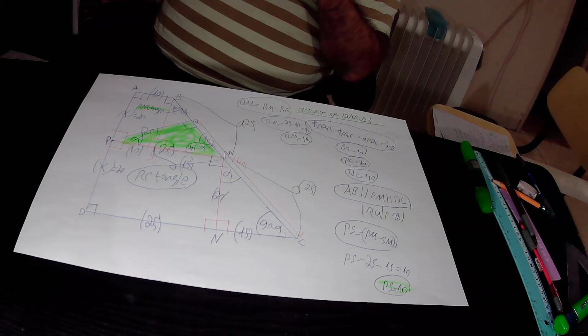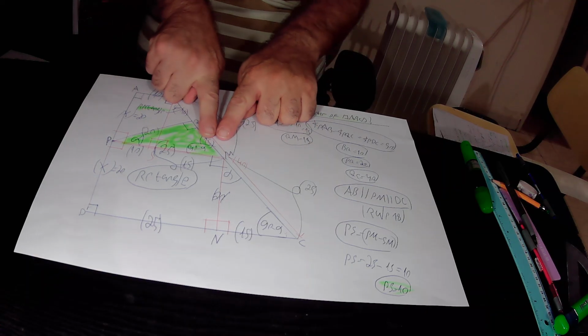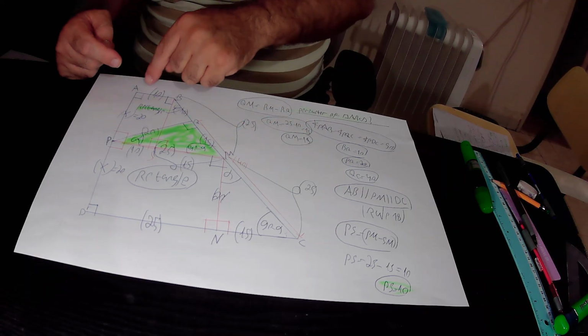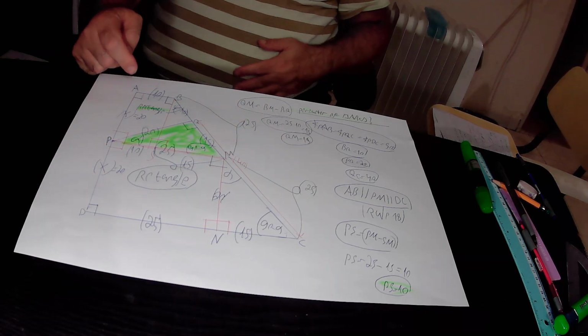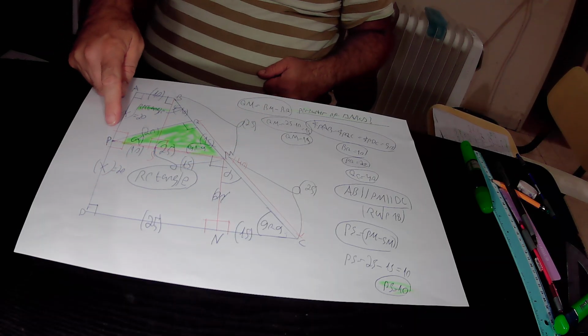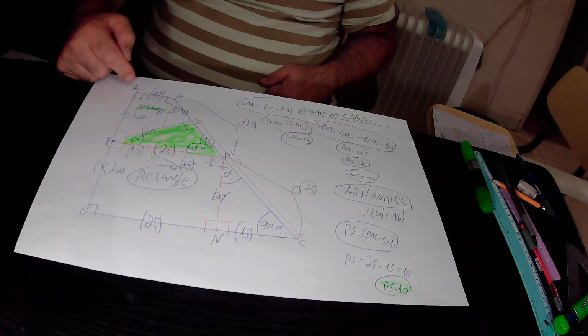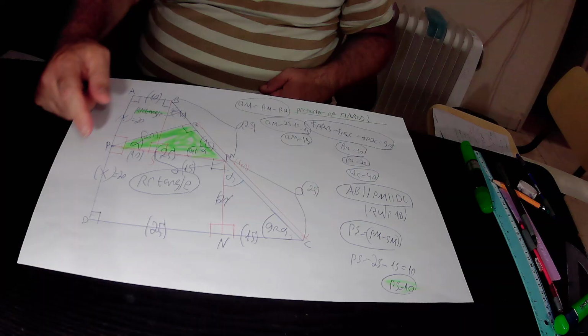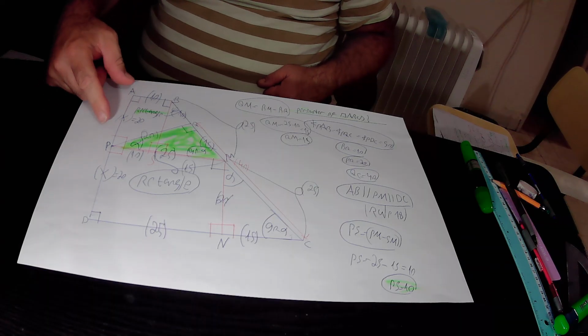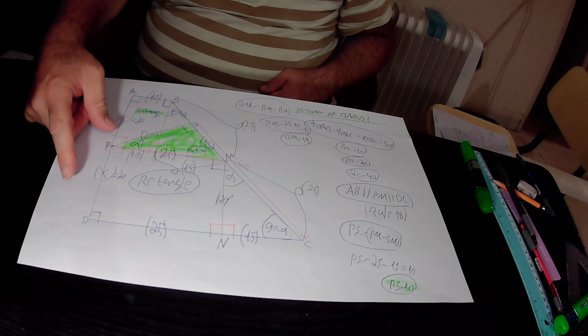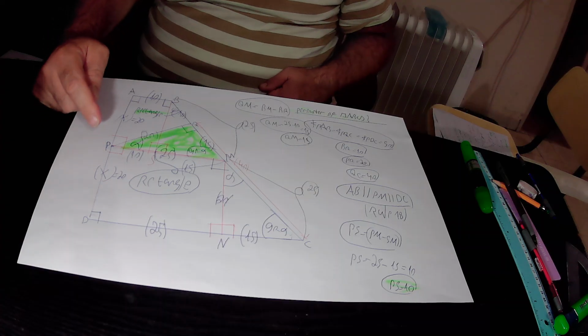That is to say, PM bisects the leg AD. Why? Because point P is the midpoint of AD. At point P, side AD is being bisected into two halves. The first half AP is X, equal to the second half PD, this is also X.